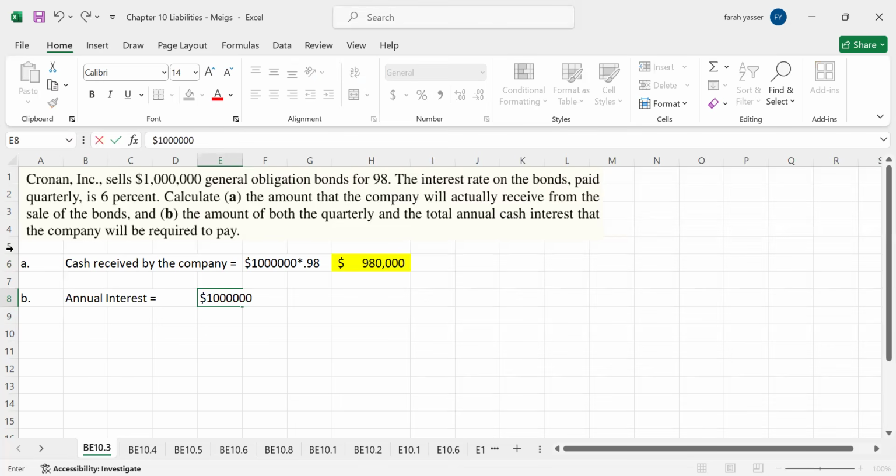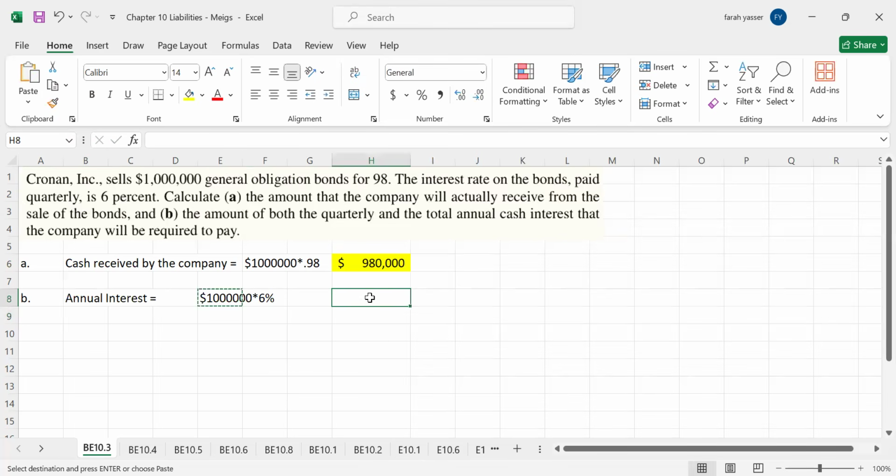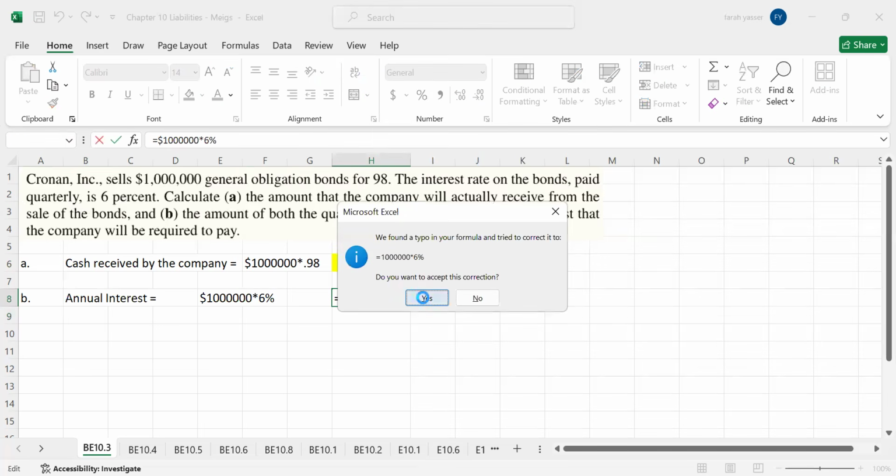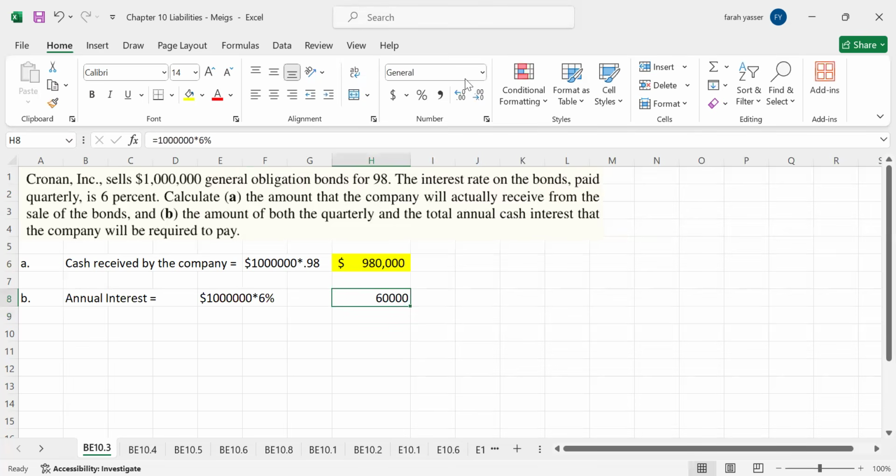Now the interest rate is 6%, so we multiply this amount by 6%. The total annual interest would be $60,000.